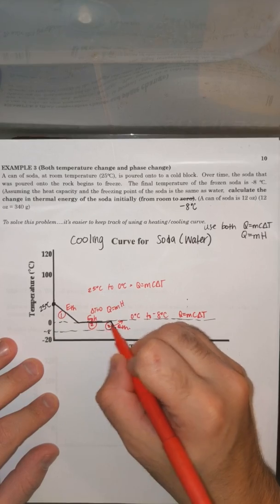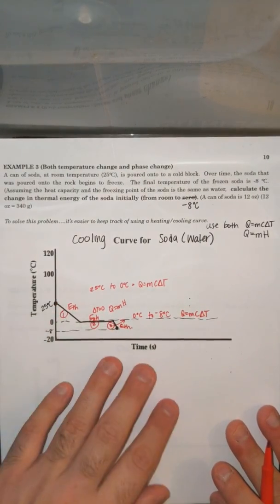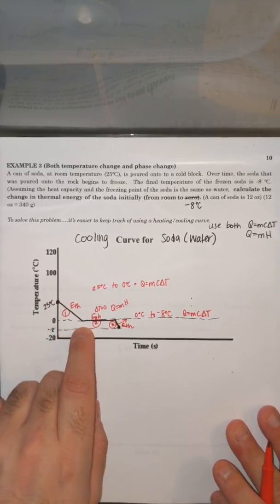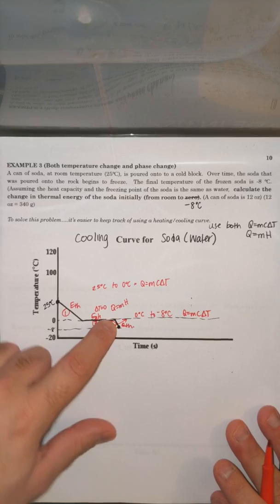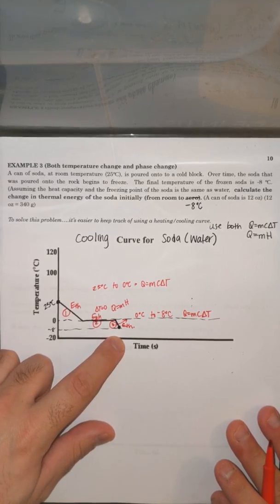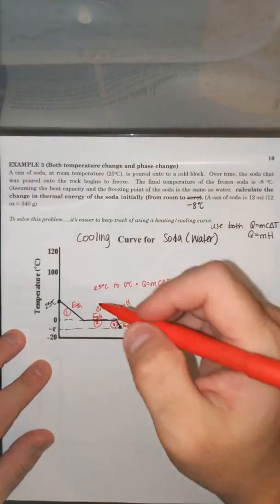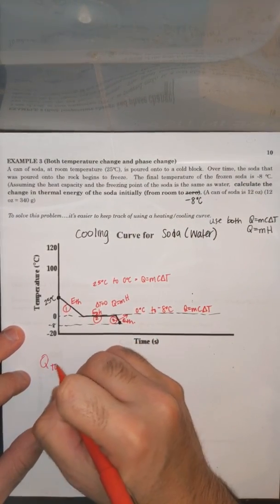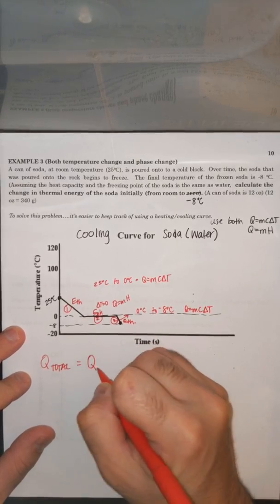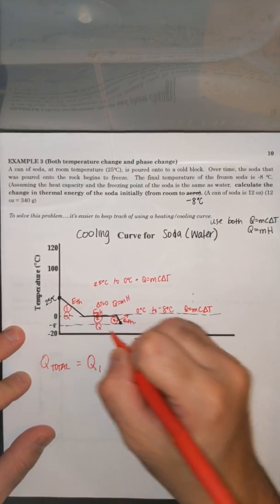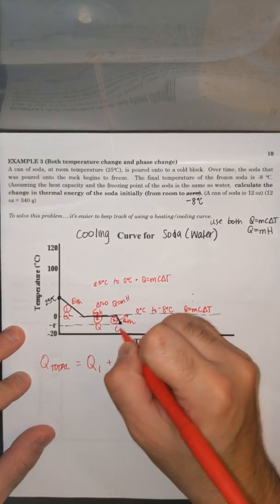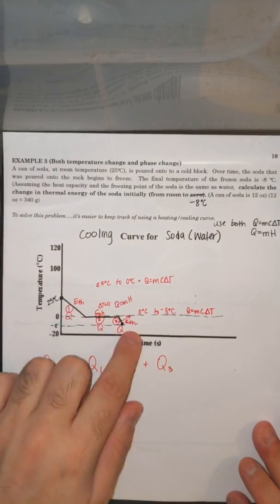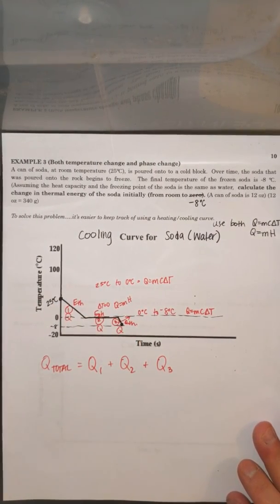This is a bit of an involved problem. I have my soda cooling, and then my soda freezing, and then my frozen soda cooling again. Each of these is going to have its own Q. The way that I can calculate Q total is Q1 plus Q2 plus Q3. I'm going to have to add all these Q's together.